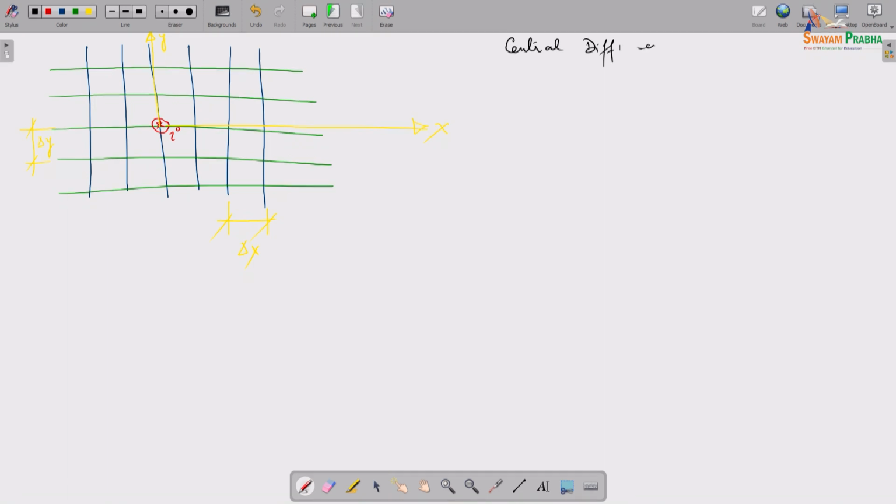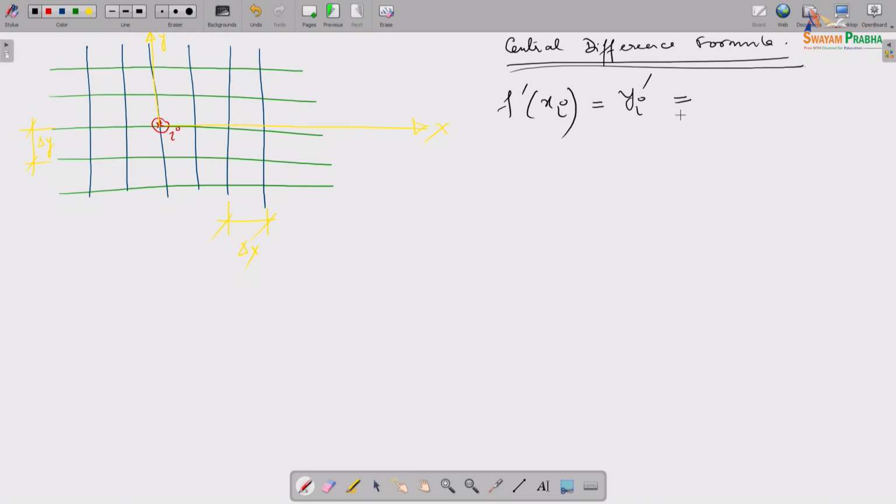Then the central difference formula. So this f prime, which is the function of x_i, I'm just writing it out, is basically equal to... So here, I plus 1, this is your I plus 1, this is your I minus 1.